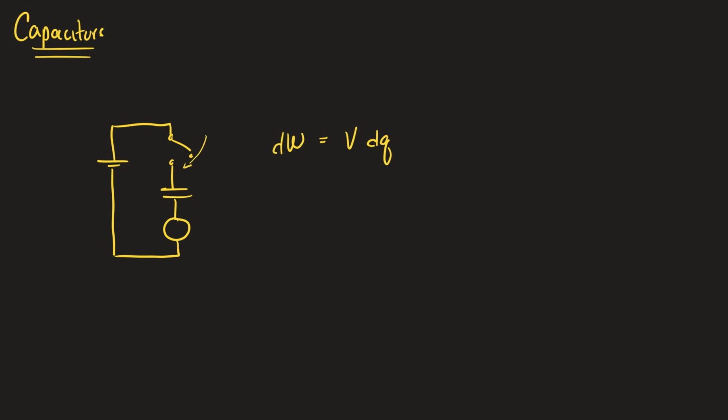That applies a potential difference across the capacitor. And maybe we have a little guy in here who can just count how much charge passes through this little gate so that we know how much charge is moved to charge the capacitor. If we do that, we should be able to figure out the entire work done in charging the capacitor over, say, a few moments as we get it from no charge to full charge.